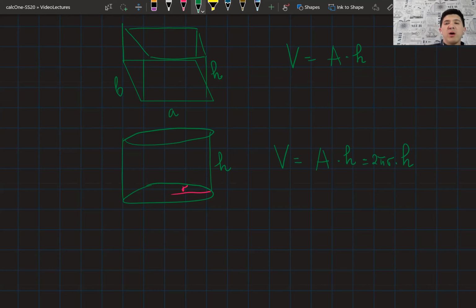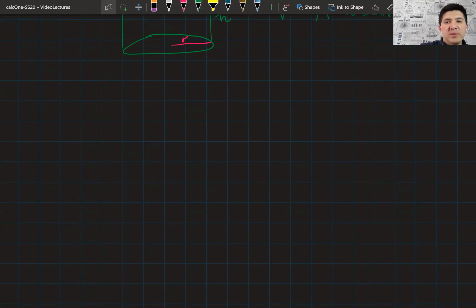Now what if we would like to find a volume which is not a standard one? Basically it's not a box and it's not a cylinder. How do we find the volumes in that case?